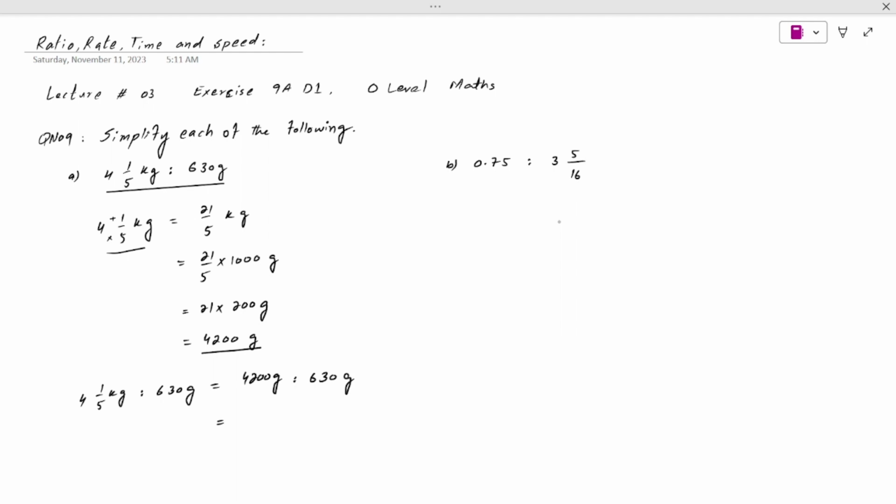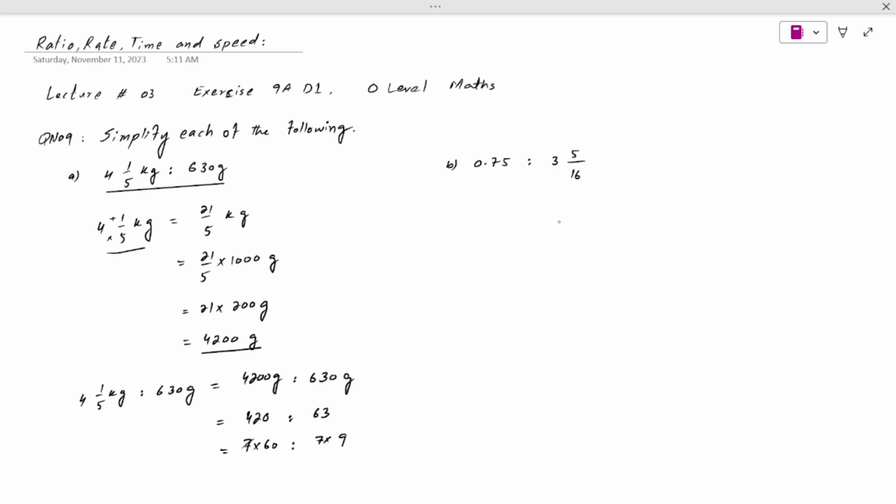Simplifying that, we can cancel one of the zeros, so this becomes 420 ratio 63. Now we can simplify more by using the table of 7: 7 times 60 is 420, and 7 times 9 is 63.